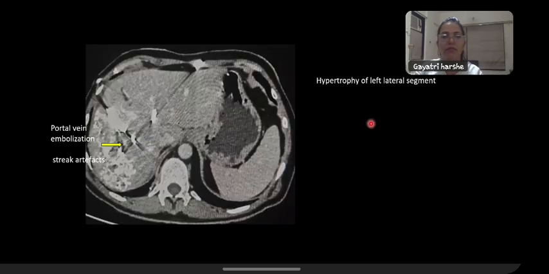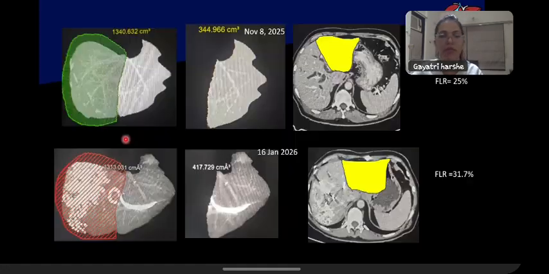So after 1 month on performing portal vein embolization, these are the streak artifacts from the embolization material, and these are PTBD tubes. There was a hypertrophy in the left lateral segment as portal vein embolization of right portal vein as well as segment 4B vein was performed.